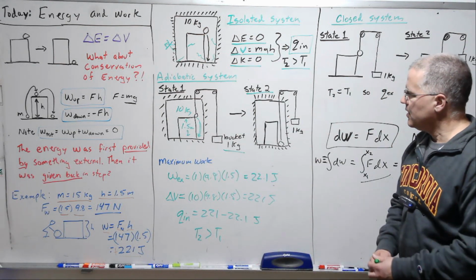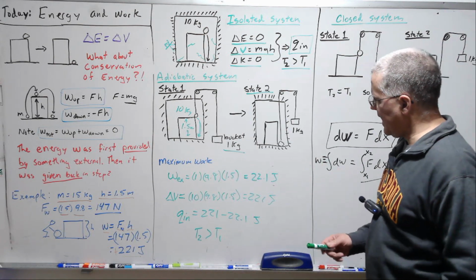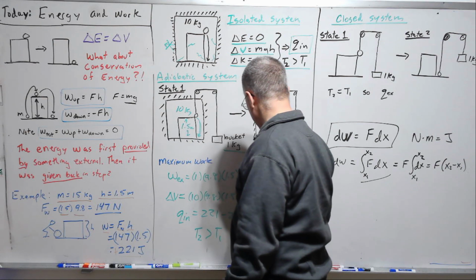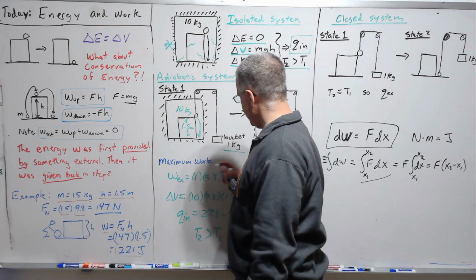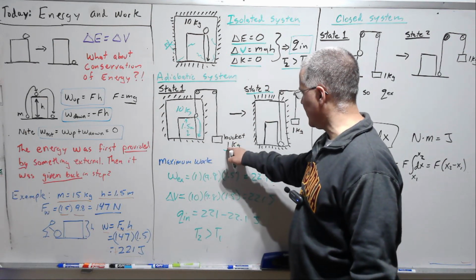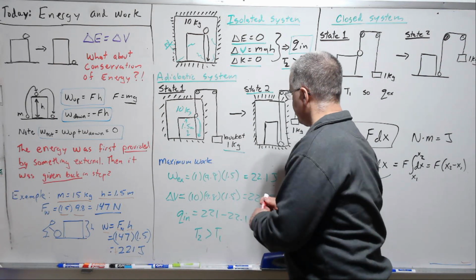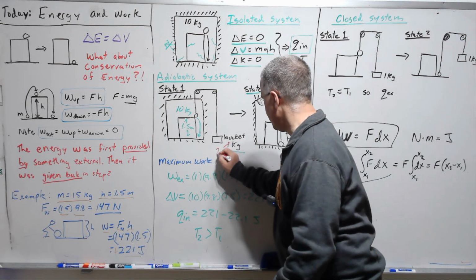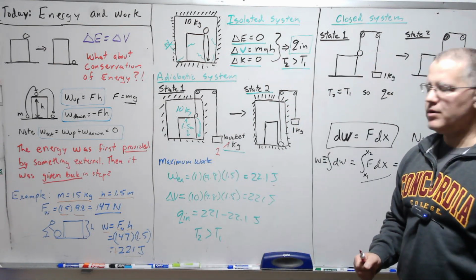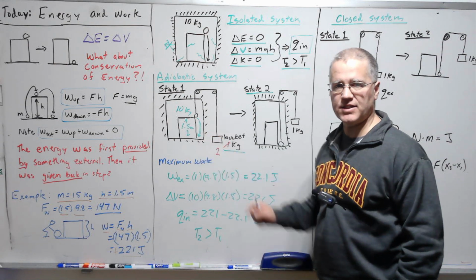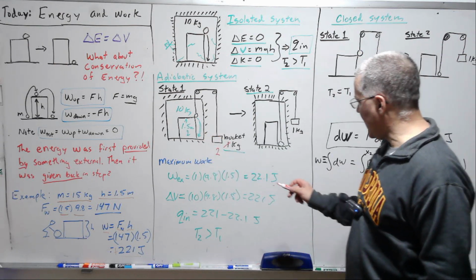Now let's think about the case where we do a little more work. Let's put 2 kilograms here. When we put 2 kilograms there, this will still spontaneously fall, but what's going to happen?